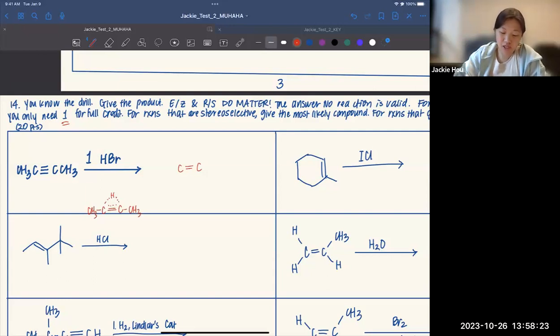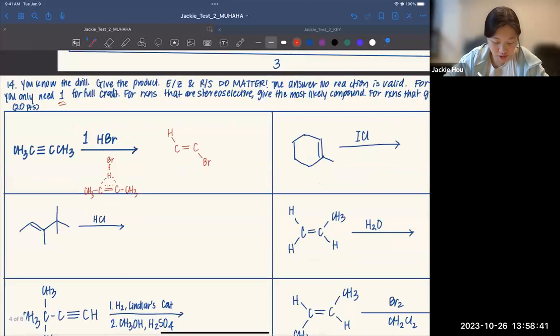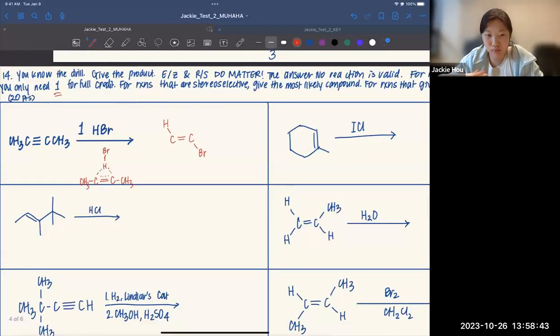And it's just that HBr, or anything with two parts that makes it stop at an alkene, will add anti to it. The reason why is because it forms this sort of pi complex, where it forms this triangle. Remember, it kind of looks like our bromonium ion, and we know that bromination is an anti-addition reaction.